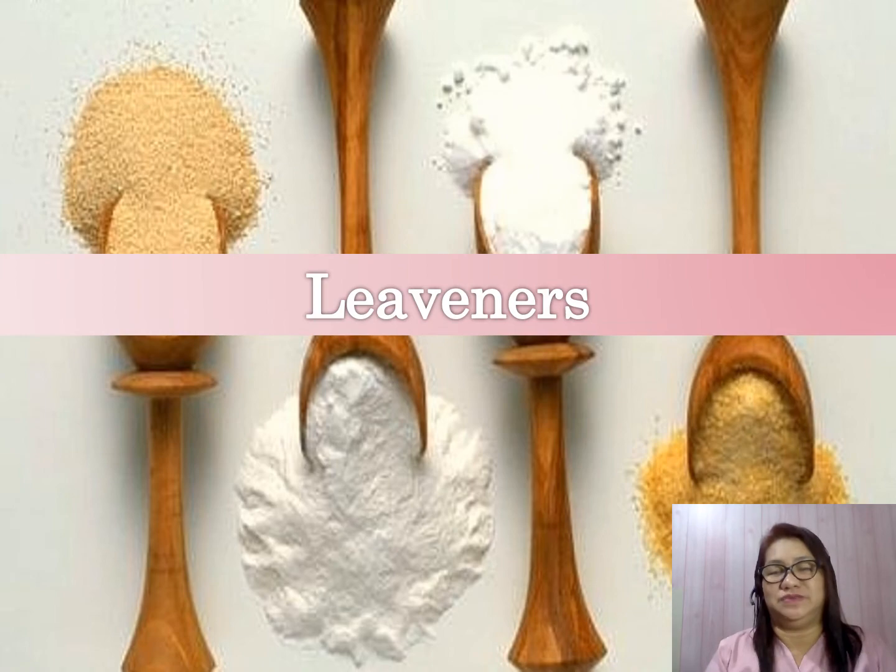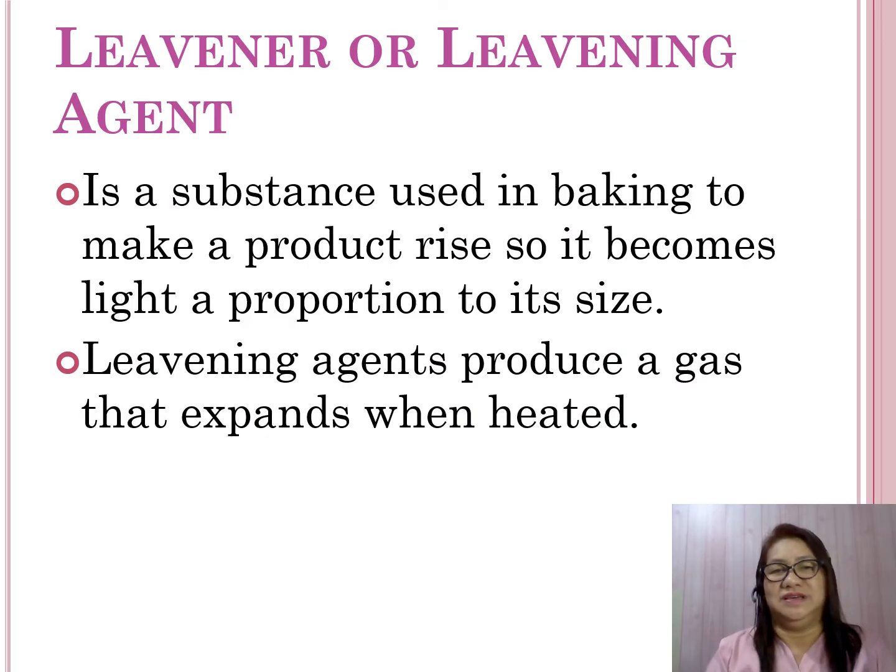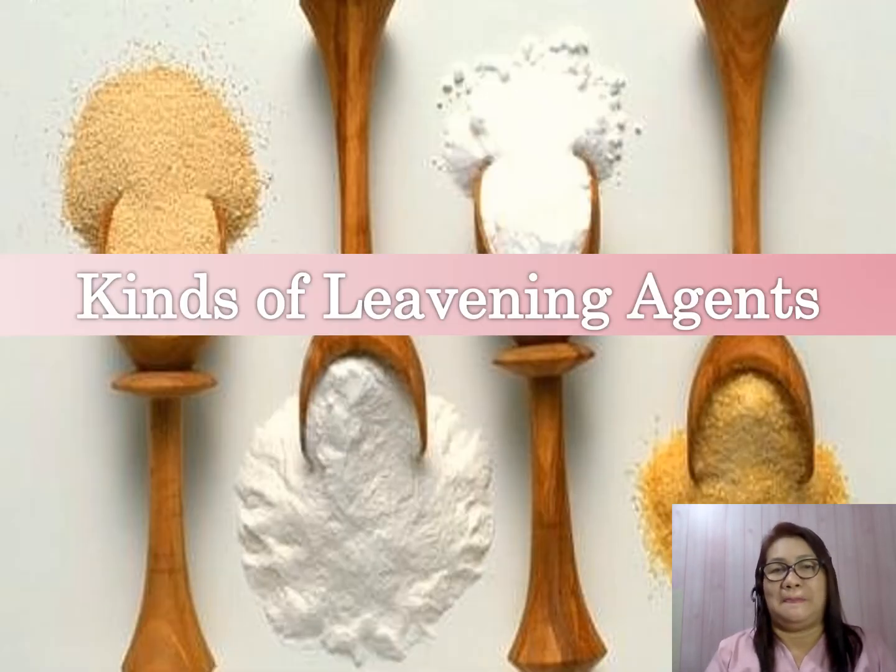The leaveners. What are the leaveners? A leavener or leavening agent is a substance used in baking to make a product rise so it becomes light in proportion to its size. Leavening agents produce a gas that expands when heated. So the kinds of leavening agent.